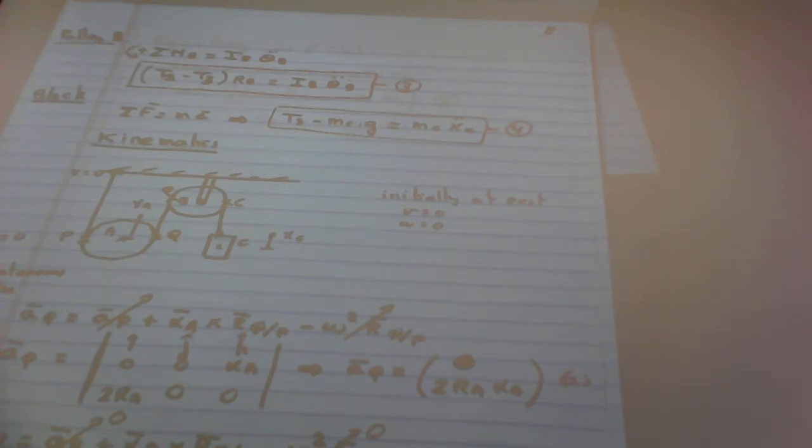It should be slower, no? Yes. So how can we say that mathematically? The x sub c dot equals 2 x sub a dot. But we need to prove it.